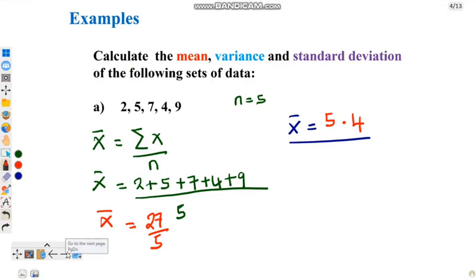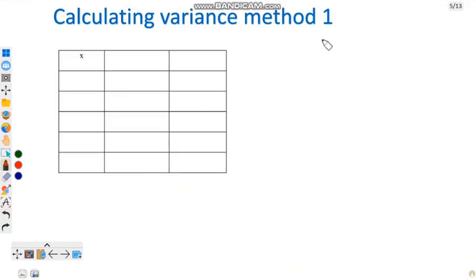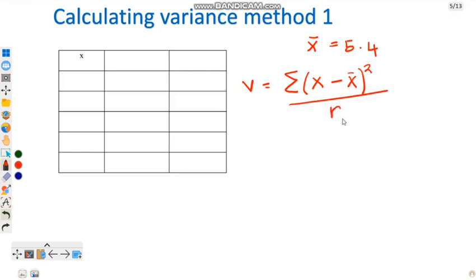To find the variance, we are going to start with method 1, where we use a table. In our variance calculation, we need our mean, which is equal to 5.4. We use this formula: variance is equal to the summation of (x minus mean) squared over n.